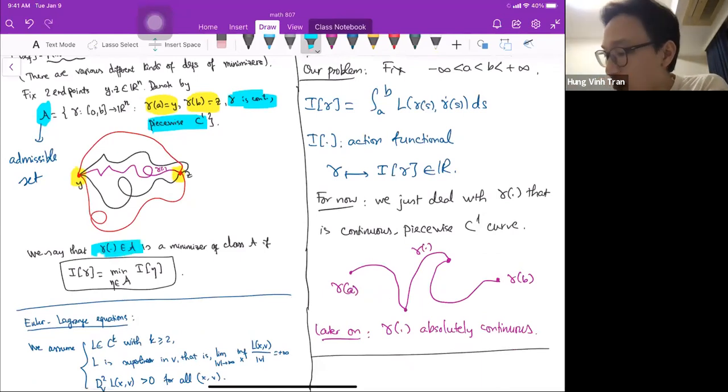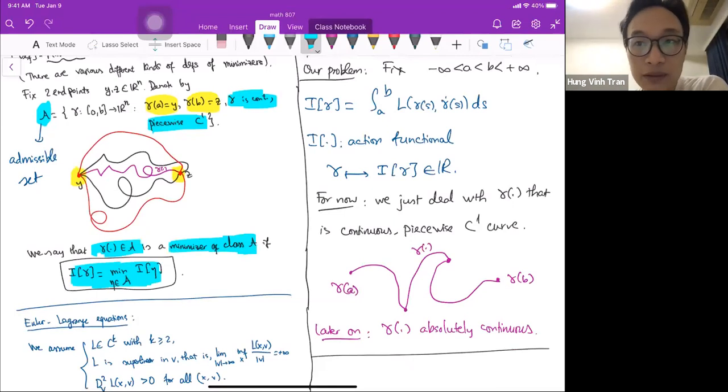Okay, so we say that gamma in this admissible set is a minimizer in this class I, if I of gamma minimizes the action. It's just a very simple problem in calculus of variations. Again, if you have done that, just enjoy it.